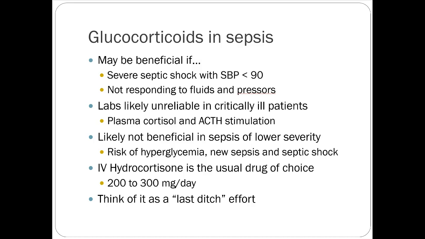The problem is that if you measure a plasma cortisol or corticotropin, or some other types of stimulation testing, you might not get the most reliable test, because this person's critically ill, their body's taxed, and they're releasing a lot of epinephrine and norepinephrine into their system already. So the question is, can we really measure how responsive these people's adrenal glands are going to be? And is it necessary to even do this?